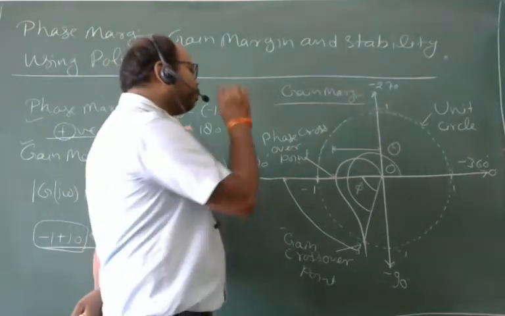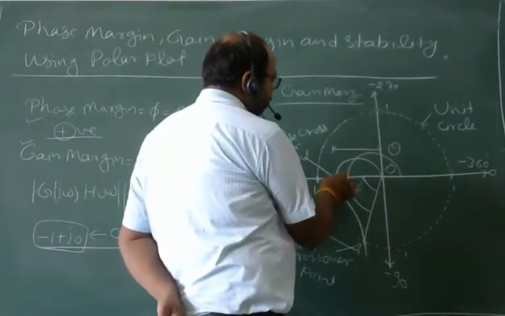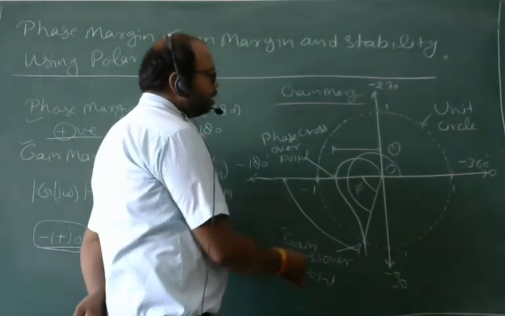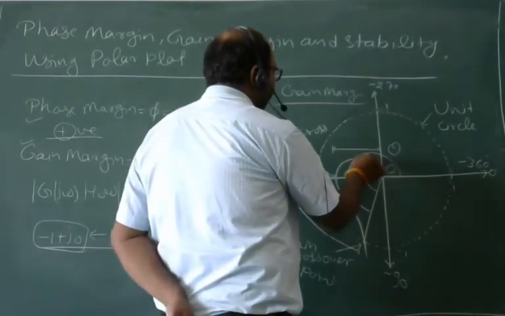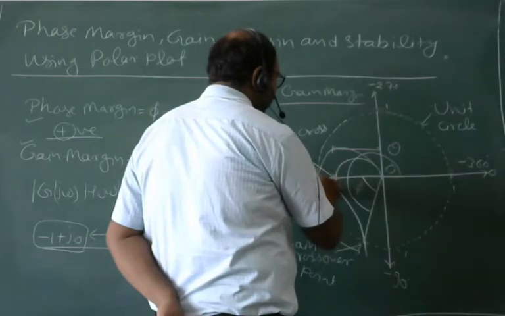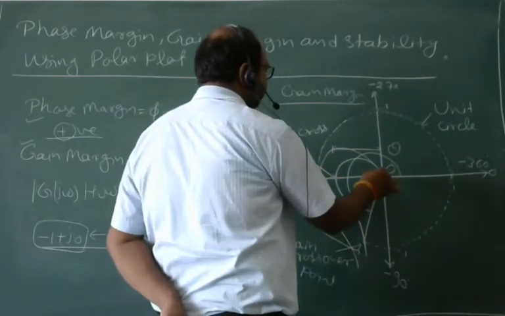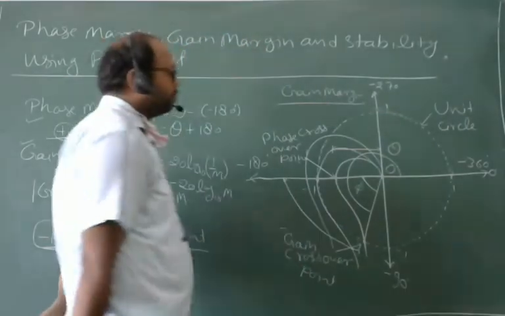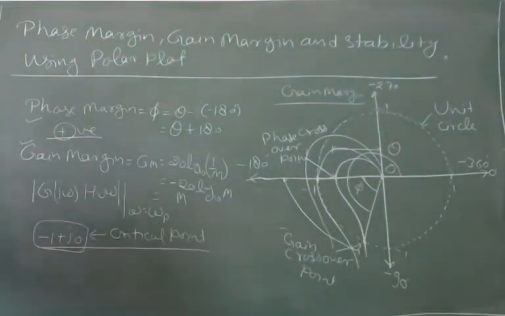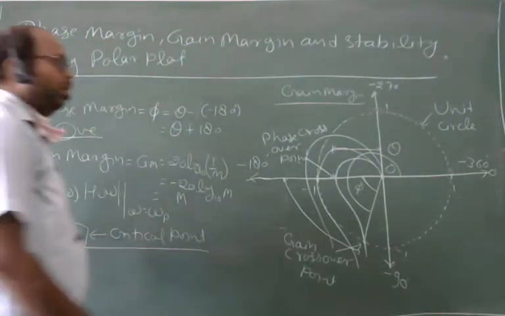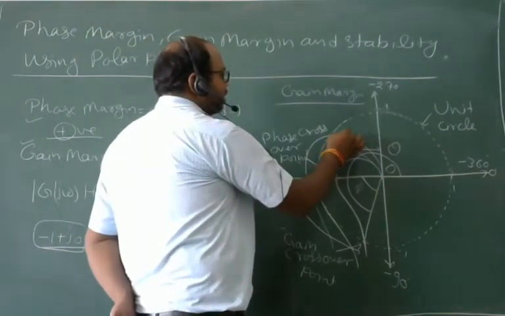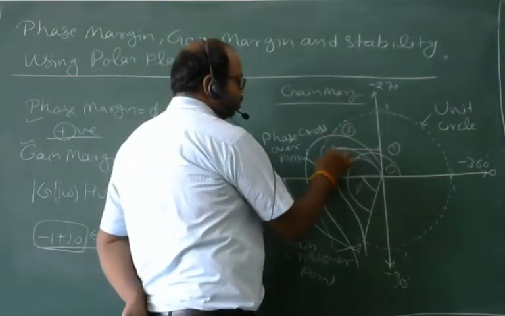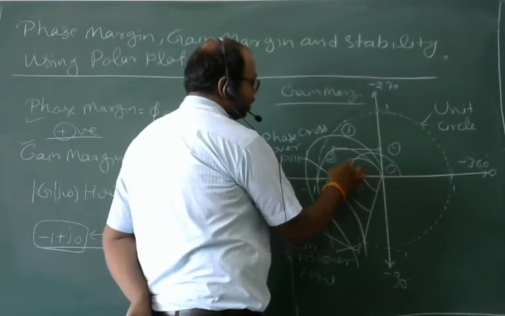If the polar plot moves from this point, for example, if this and another case is this, right? In this case, this is 1, this is 2 and this is 3.